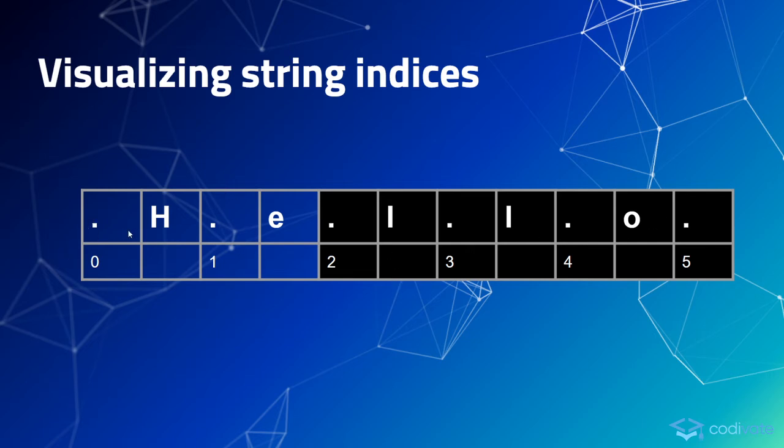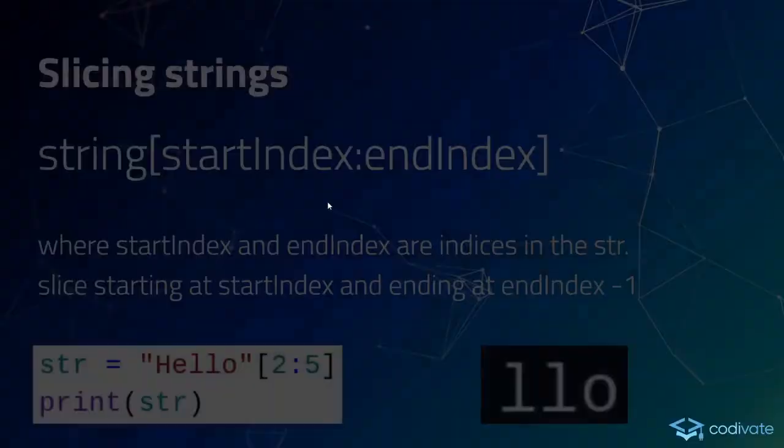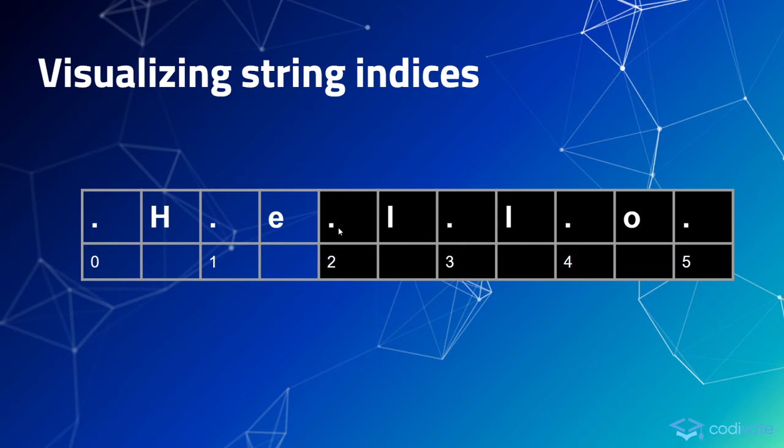So for example, in our example that we had here, from the dot at index 2, 0, 1, 2, to the dot at index 5, which is here, and we were to take that slice, the only letters that get included are L, L, and O. So this is just a way, if you're having trouble with remembering that it's end index -1, you can just draw these dots, one before the start of the string, one after the string, and one in between each of the letters, and then just go from 0 and start writing down numbers for each of the dots, and you can use those to imagine slices.